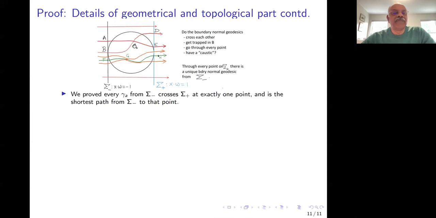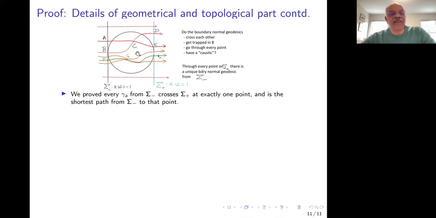In the Riemannian case, we can consider the Riemannian distance of C from the hyperplane sigma minus, by taking all the curves from sigma minus to C. From the theory of Riemannian geometry, there is a shortest distance between C and sigma minus 1, and you can argue that it will be a geodesic, and that geodesic will be normal to sigma minus 1. So through every point C in B, there is a boundary normal geodesic, by a simple Riemannian geometry argument. This shows that the map phi that we are constructing is surjective.